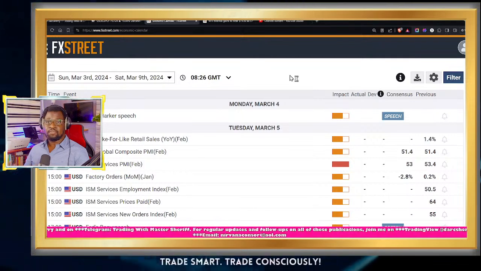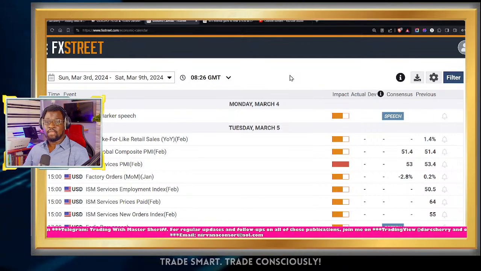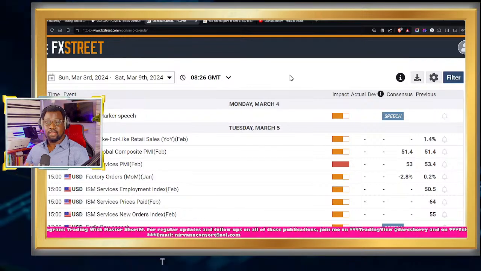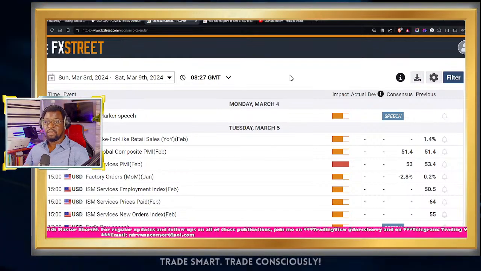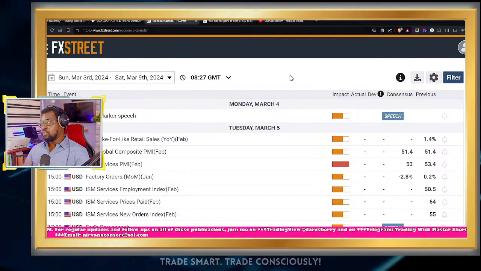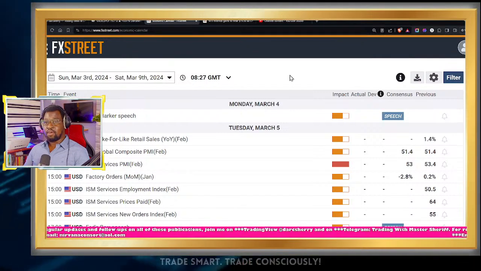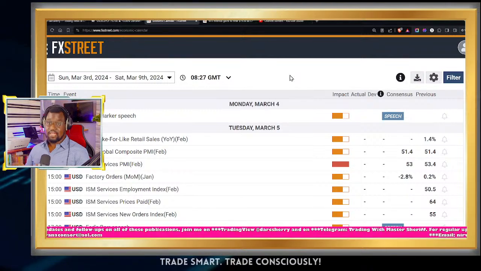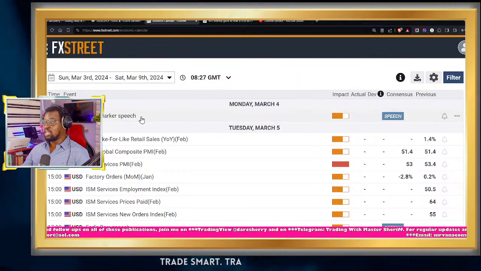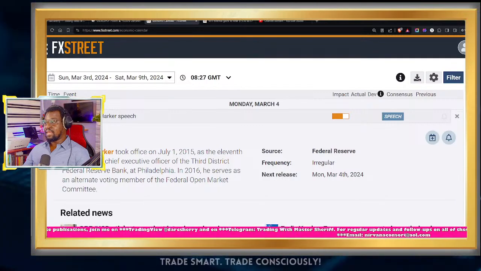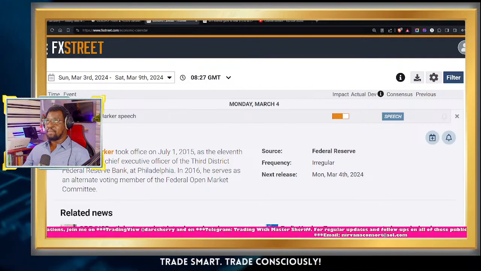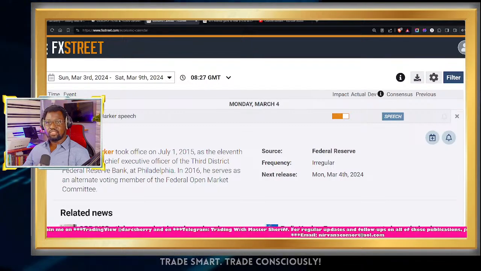However, in the absence of high impact events, we usually include mid-tier economic features to have a broader view of what market participants will be looking forward to to guide their trading decisions. Now, for today, Monday, March 4th, we do not have any high impact events. So after including the mid-tier economic features, you'll see that we have a speech coming up later in the day. It's about 8 to 9 hours from now.